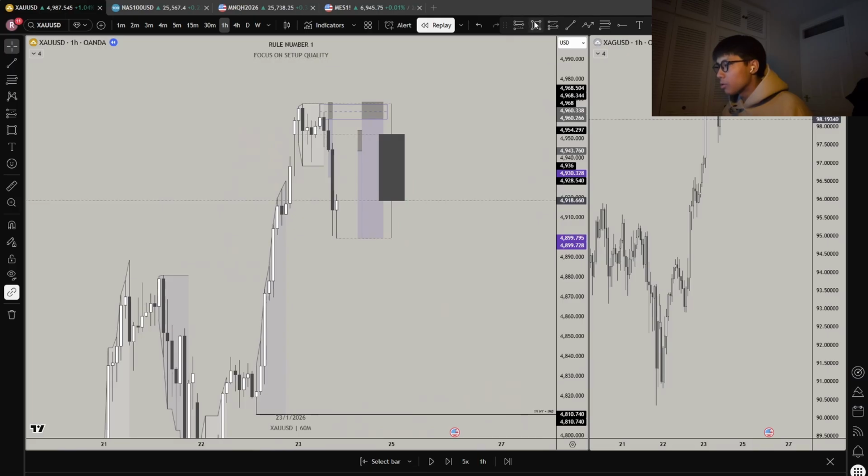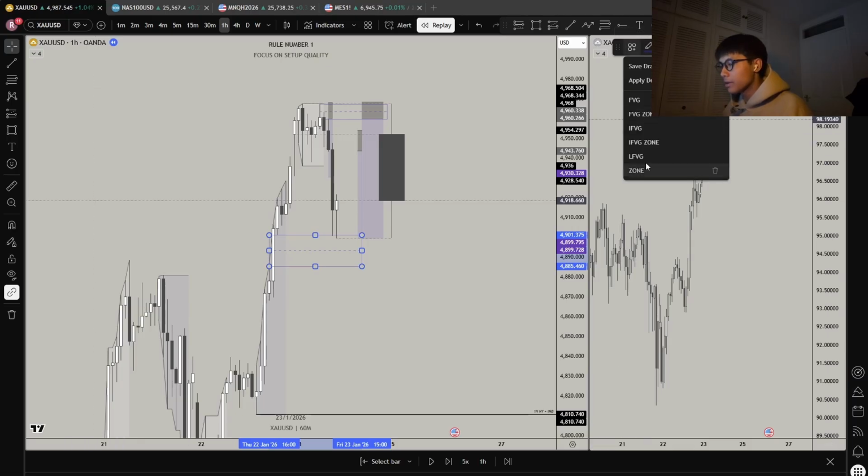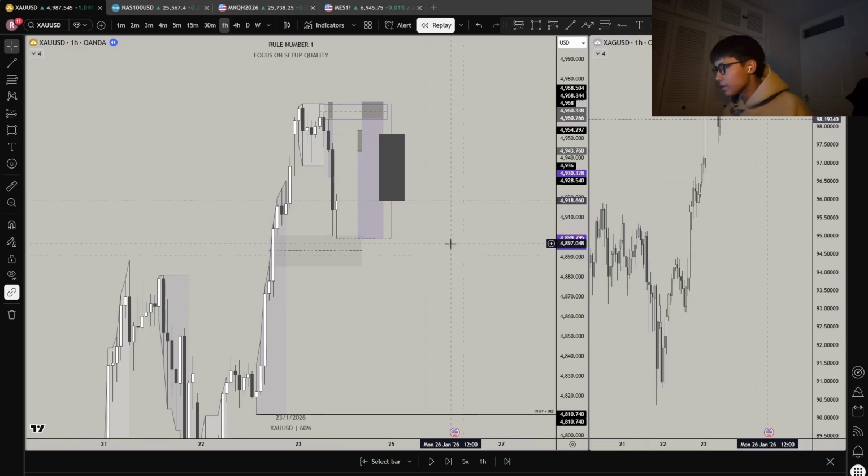But what I didn't see was that, well, I did see, but I didn't really react to it, was the price, look at this reaction from this 1 hour bullish fair value gap.